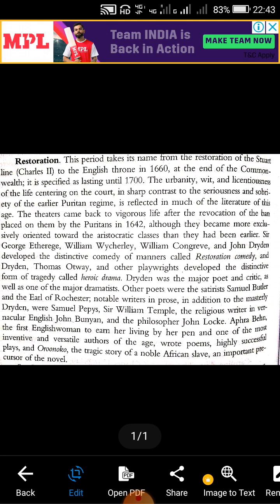We have some names: Sir George Etheridge, William Wycherley, William Congreve, and John Dryden developed the distinctive comedy of manners, which is known as Restoration comedy.